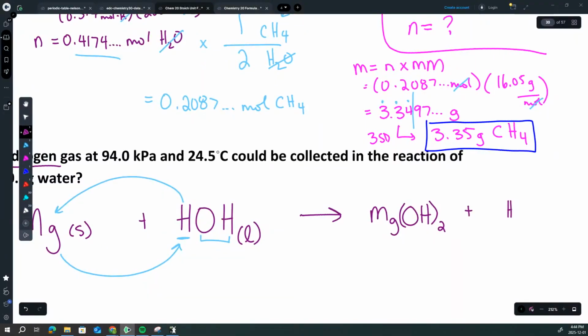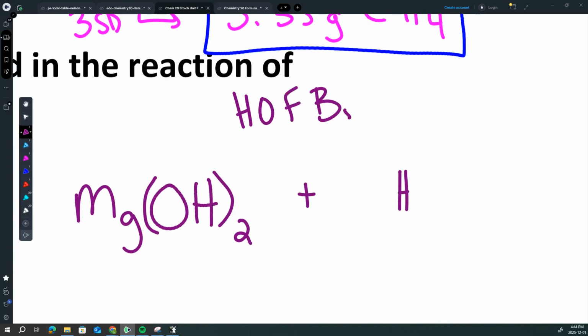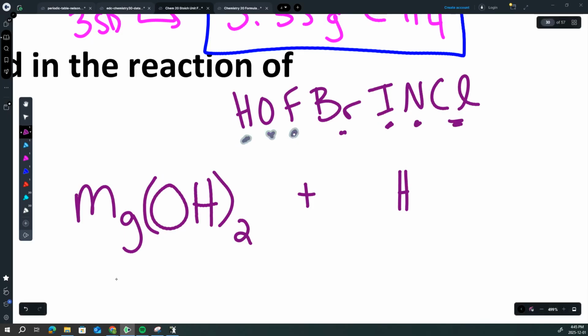Okay, now remember, hydrogen is part of Hofbrinkel. So Hofbrinkel is our memory device to remember all of the diatomic elements. So hydrogen is a part of that. Let me write that out for a second here. Hofbrinkel. So if you have hydrogen, oxygen, fluorine, bromine, iodine, nitrogen, or chlorine by itself, then you need to write that there's 2 of them.